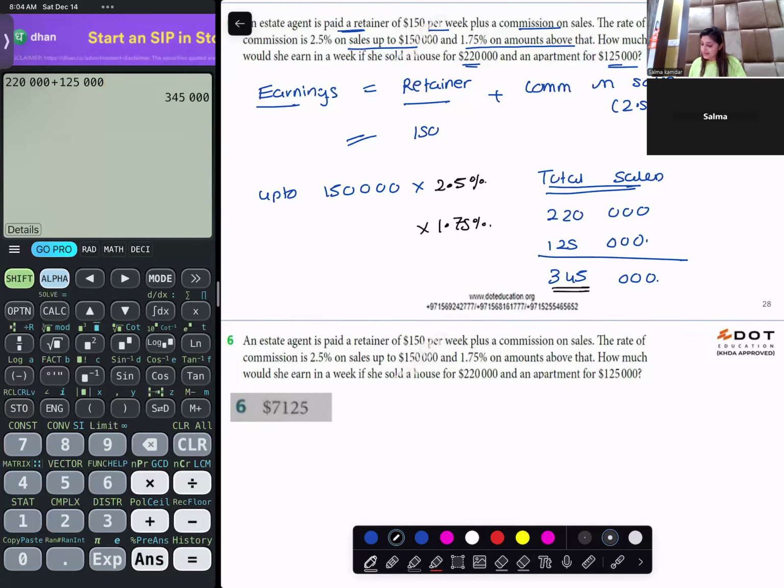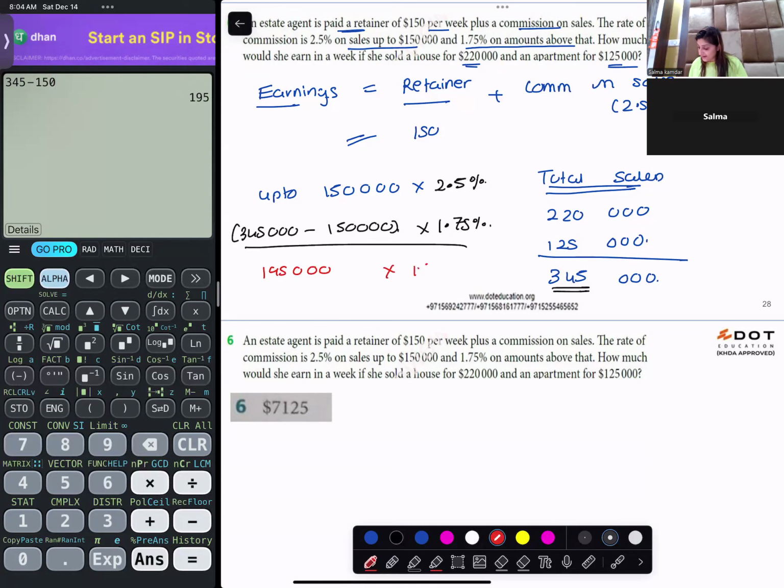So from this 345,000, I'm going to subtract 150,000. So she will receive commission on the balance, that is 195,000, at 1.75%.